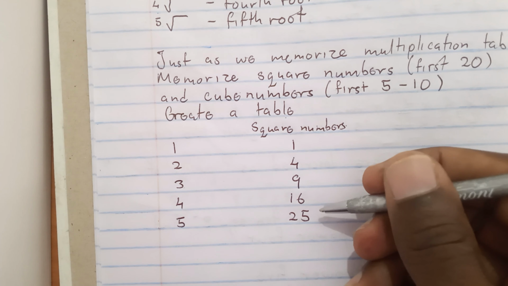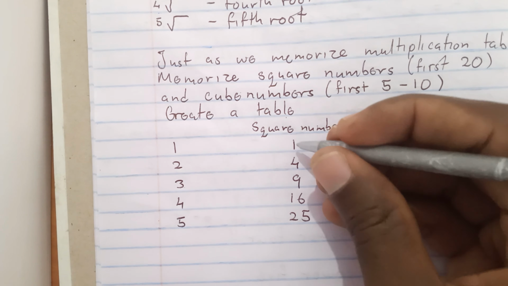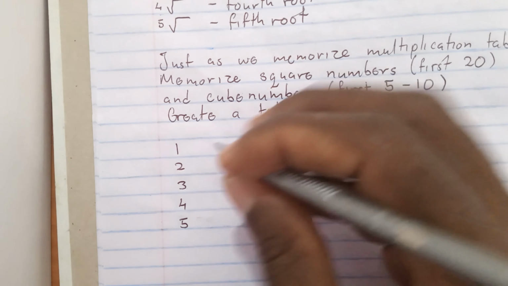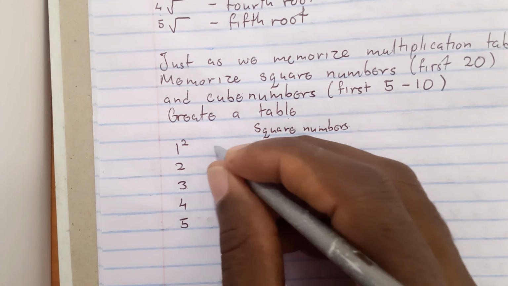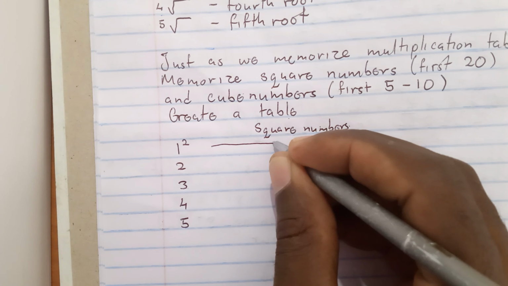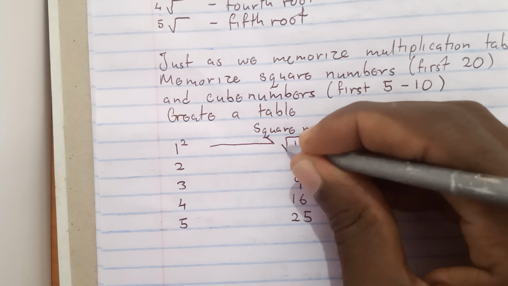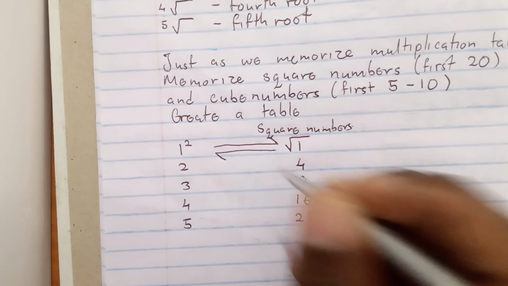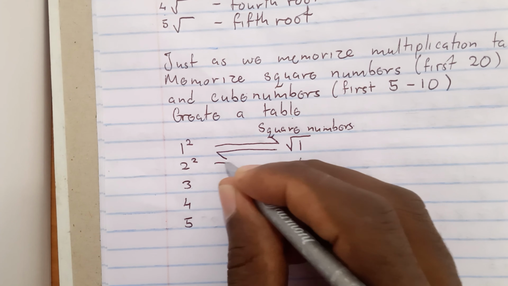Okay, simple. So now I know these are the square numbers. If I was being asked, what is the square root of 1? 1 squared is 1, so the square root of 1 is 1. 2 squared is 4.